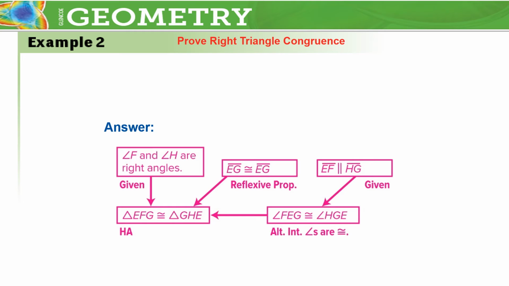You can write EG equals EG by reflexive, or you can write common side. And from parallel lines you get two angles congruent, alternate interior. Okay, now you have hypotenuse and angle, so you have to write HA, and you have to write the congruency statement this way: triangle EFG is congruent to triangle GHE.